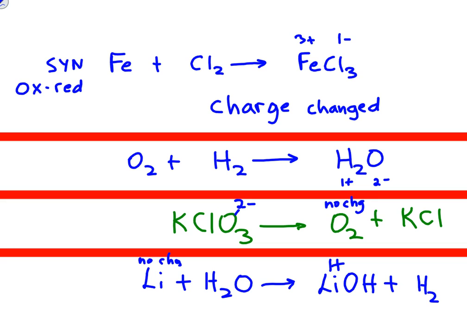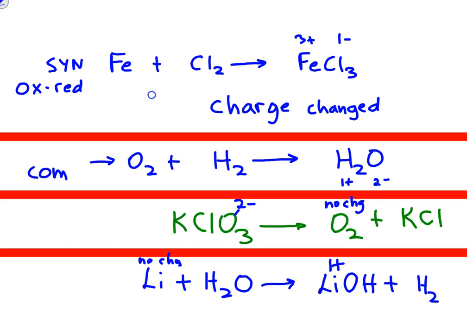Okay, what's the second one? What is this guy? I just put the arrow there. Yeah, but what's the reaction type? Yeah, combustion. Now, why is it combustion? O2, but where is it? O2 is on the left. That makes it combustion.